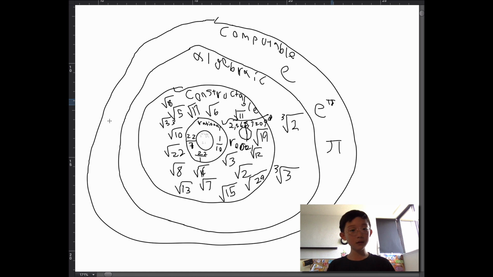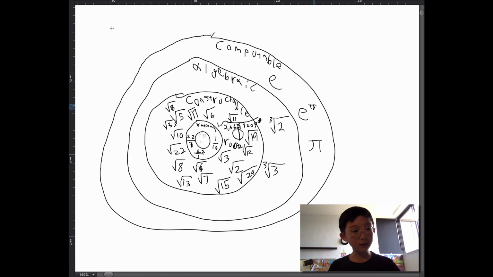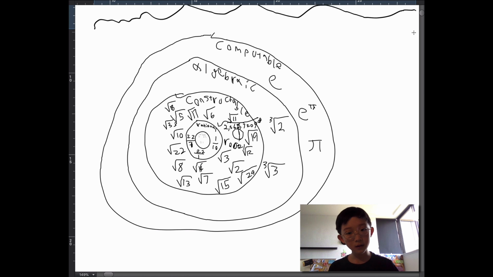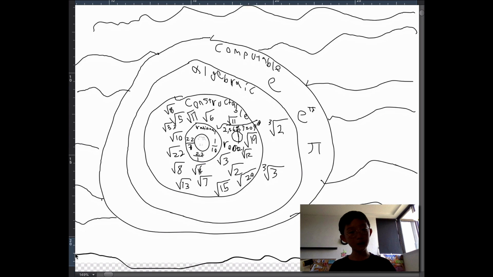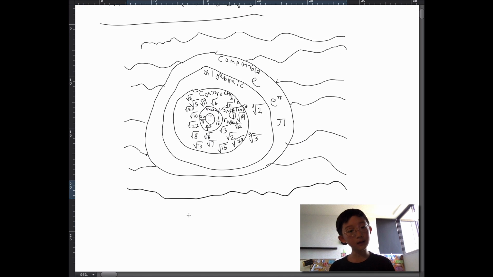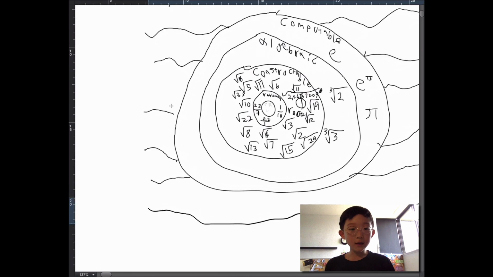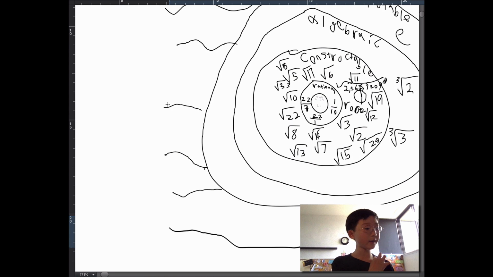Okay, anyway, so out here, after that, is a sea of weird numbers. They're weird. Now I'm going to mess up my nice little drawing, which is sad. We're going to add another section right over here. Sad.